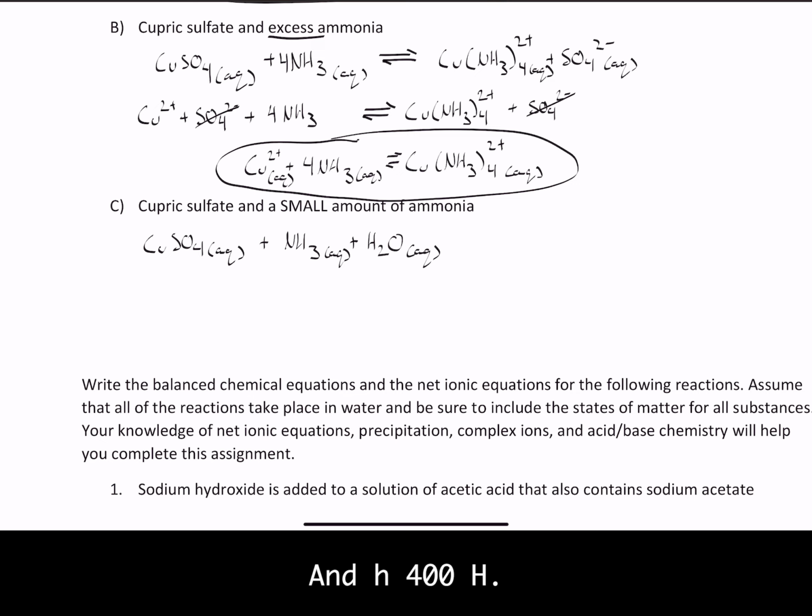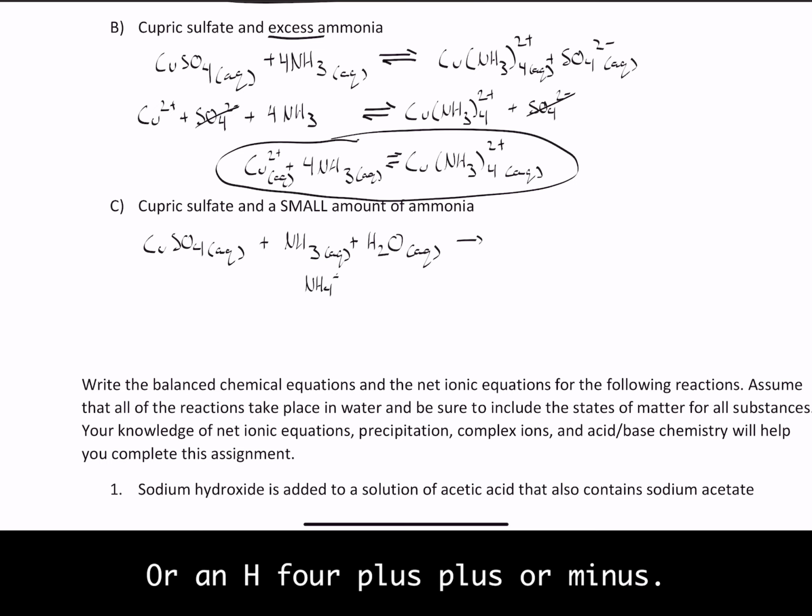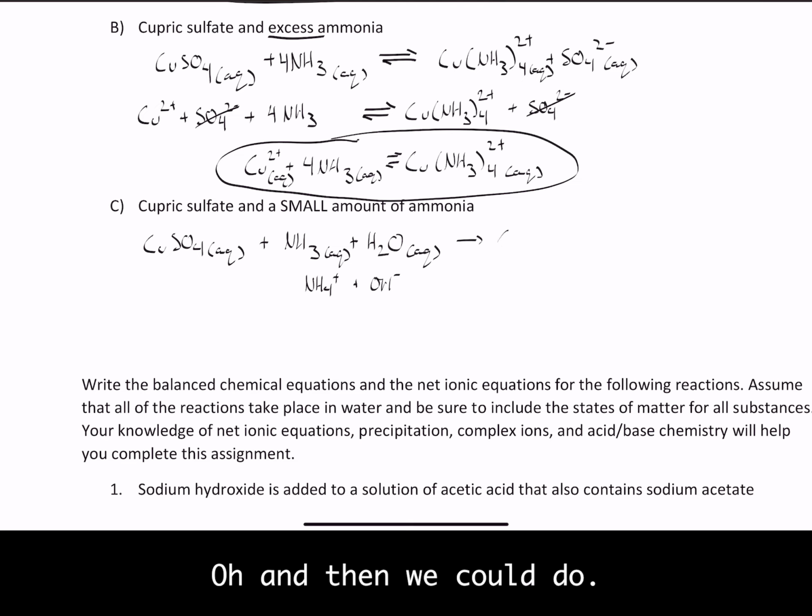NH4OH. So this can make hydroxide, or NH4 plus OH minus. Ooh. And then we could do copper hydroxide.